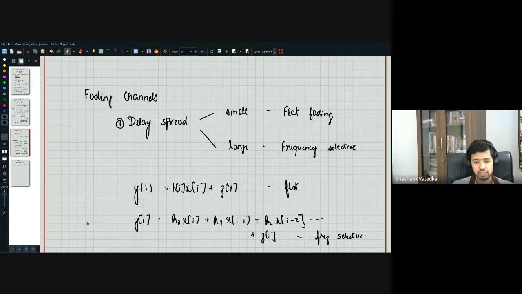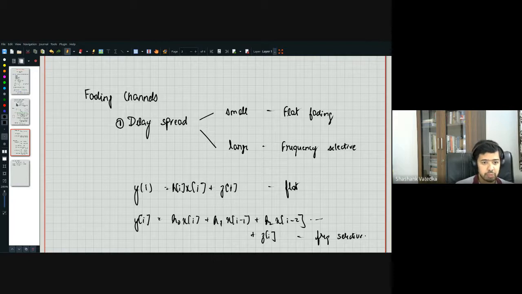So in a frequency selective fading channel, the received symbol depends on the previously transmitted symbols as well. Whereas in a flat fading channel, the received symbol at a particular instant depends only on the symbol transmitted at that particular instant.